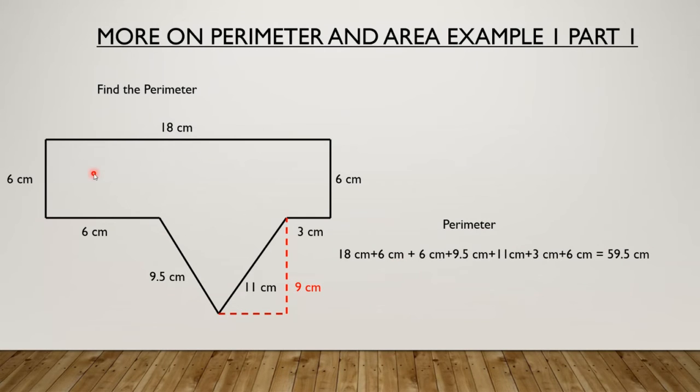You would have 18 centimeters plus 6 centimeters plus 6 centimeters plus 9.5 centimeters plus 11 centimeters, 3 centimeters, and 6. You would add up all those lengths and get 59.5 centimeters, because that's the length of each segment that makes up the boundary. In other words, it's the distance around the object.